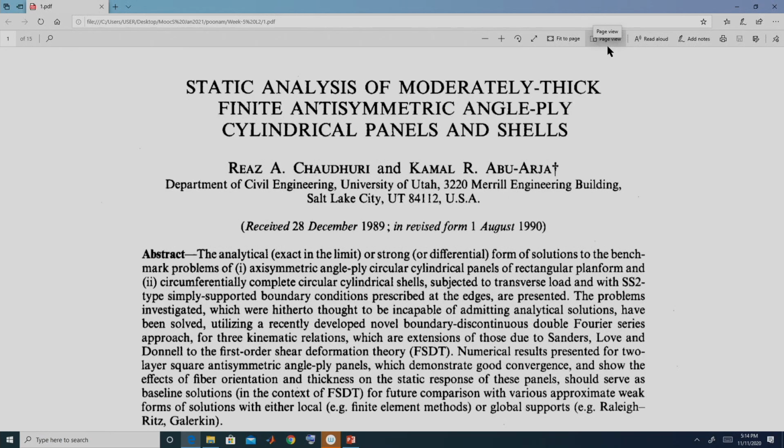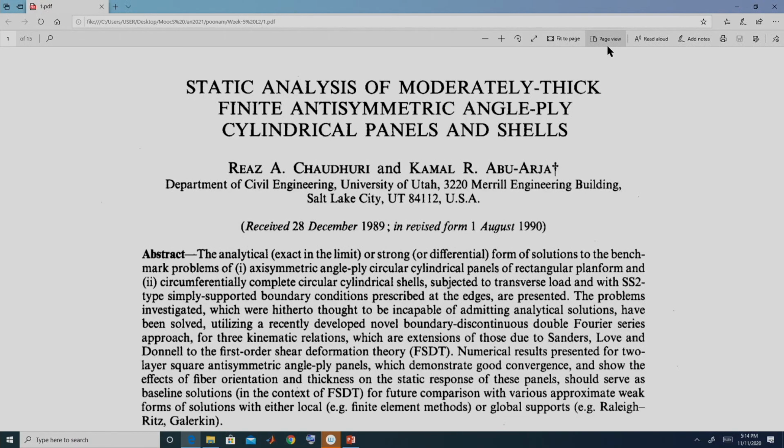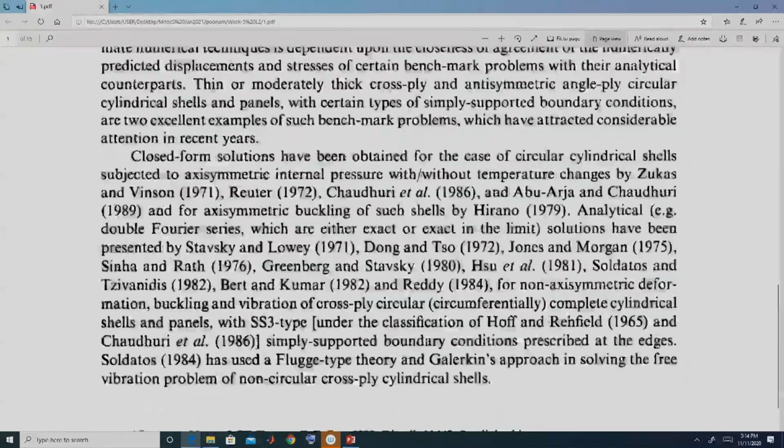So, the very first paper in this field, on static bending of cylindrical shells or the composite shell, arrived in I think 1964 some time. And there is another paper, static analysis of moderately thick finite antisymmetric angle ply cylindrical panel and shell.